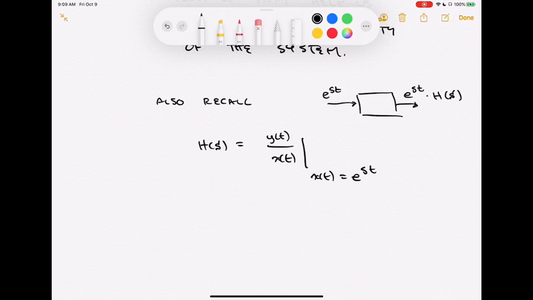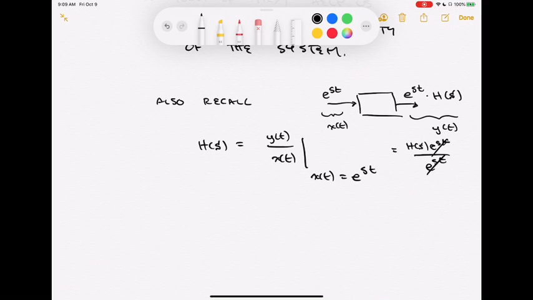And so we should be able to take that ratio of y(t) to x(t). This piece over here is my y(t), this piece over here is my x(t). As long as x(t) is e^(st), that ratio y(t) over x(t) would be equal to what? It's H(s) e^(st) over e^(st). The e^(st) terms cancel, and I'm just left with H(s).